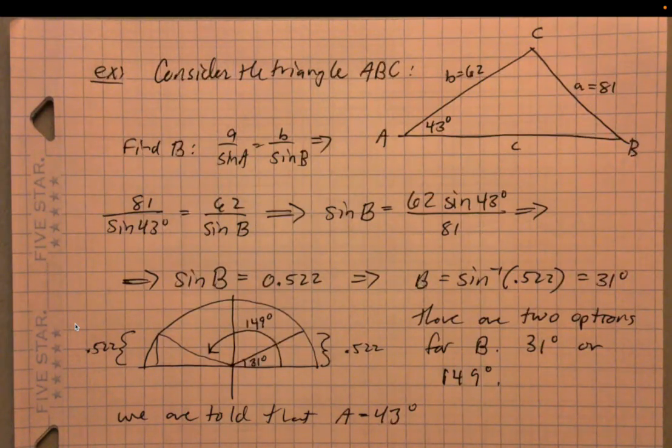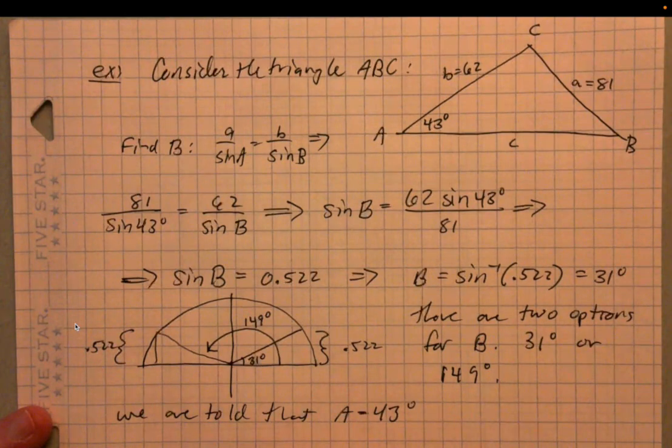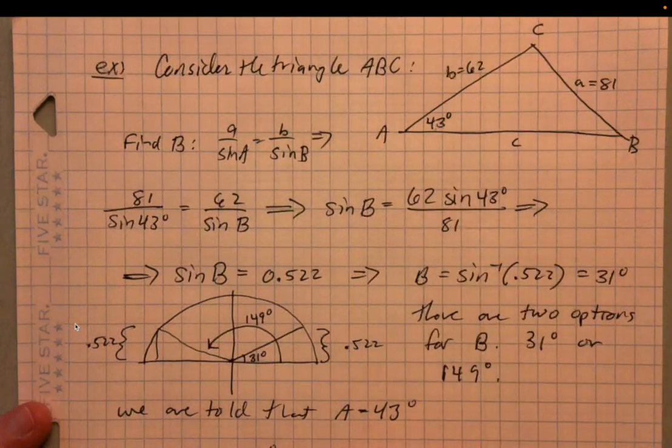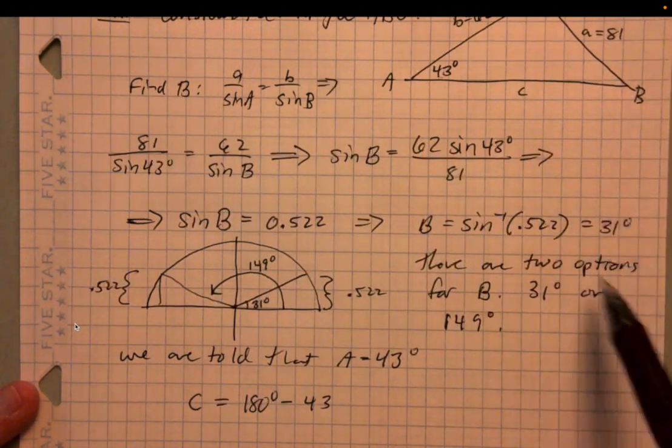And so if we compare that with what we just calculated, what do we get? Well, for an angle C, we know that C is equal to 180 degrees minus angle A, which is given as 43 degrees, minus 43 degrees. And then one of our options for B is 31 degrees.